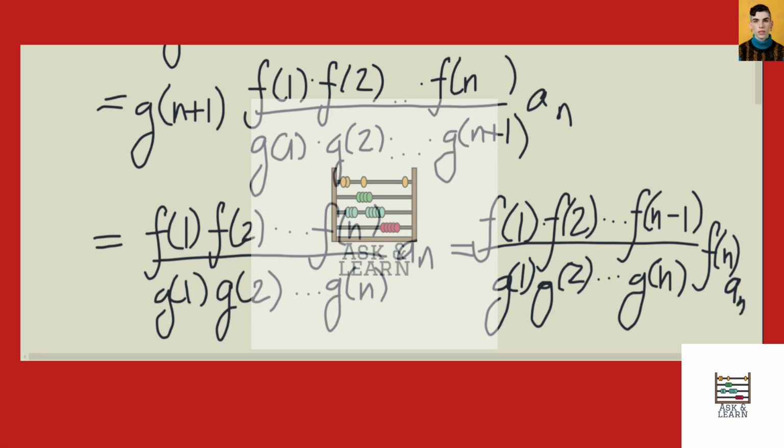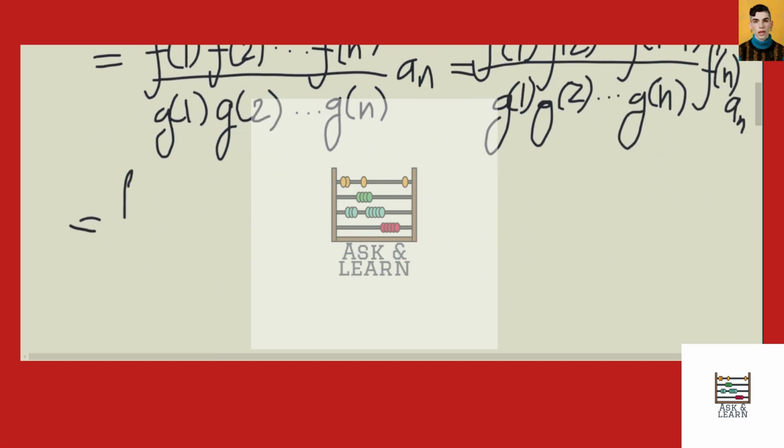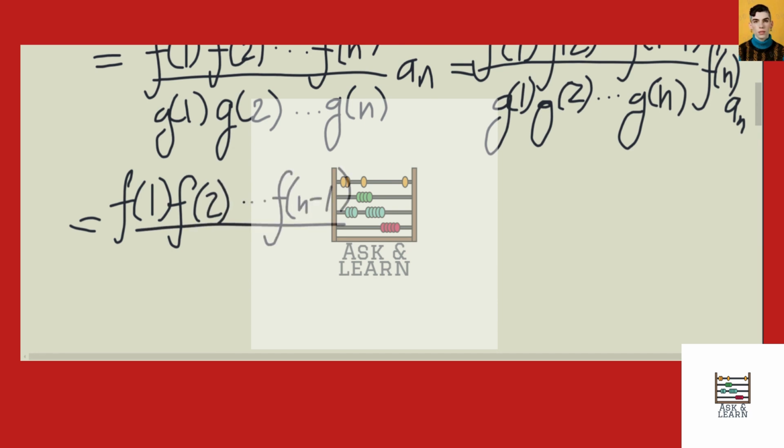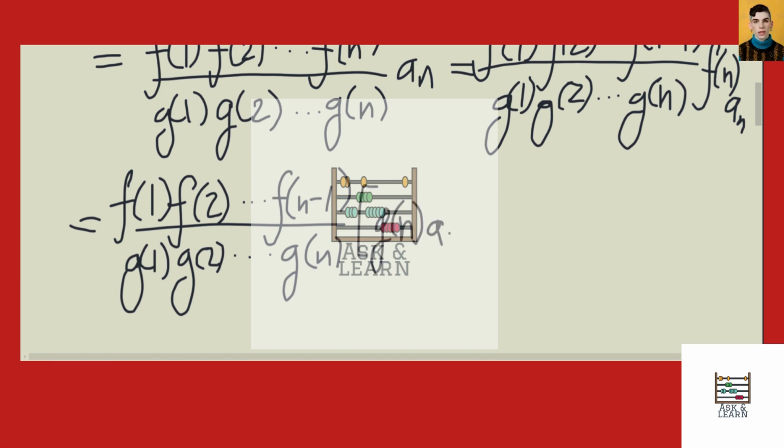And then from our recurrence relation, we have that f of n times A of n is equal to G of n times A of n minus 1 plus H of n, so that this becomes equal to f of 1 times f of 2 up to f of n minus 1 over G of 1 times G of 2 up to G of n, times G of n times A of n minus 1 plus H of n.